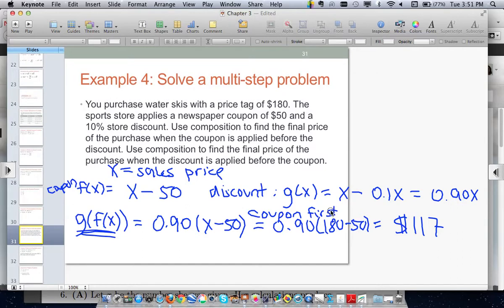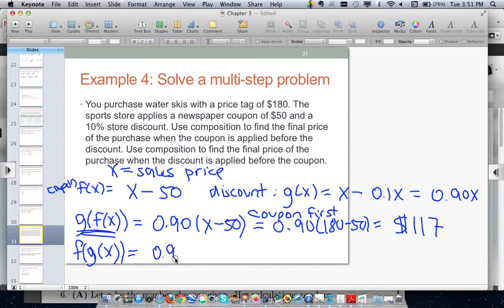What happens if we're going to apply the coupon second? Let's do the discount first. So what we would want to do is figure out what is the price of the skis after the discount, and then we're going to take $50 from that.